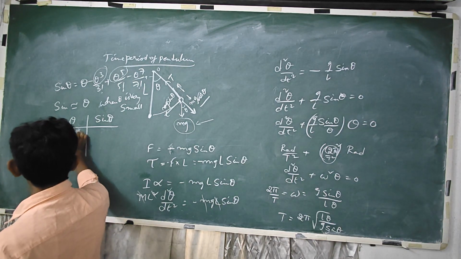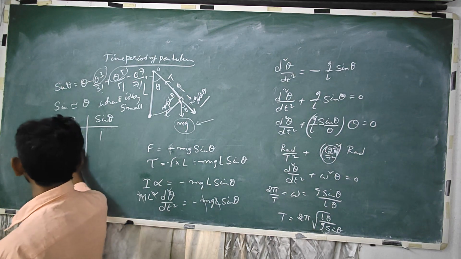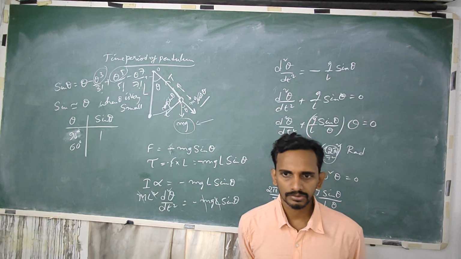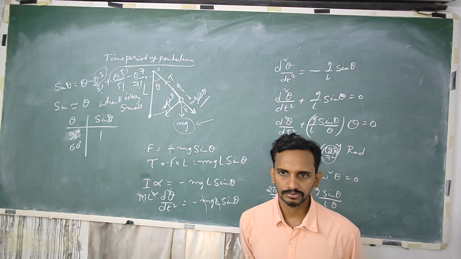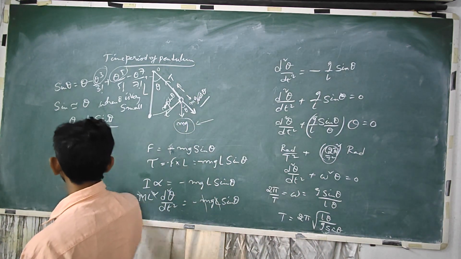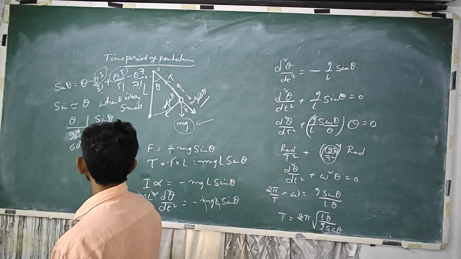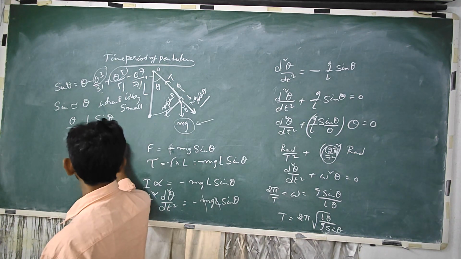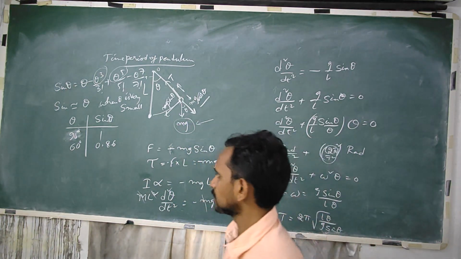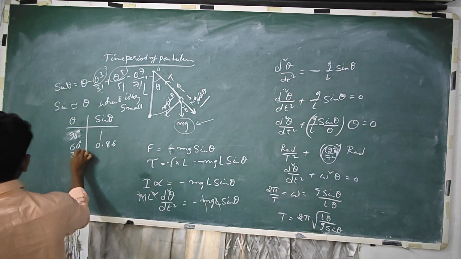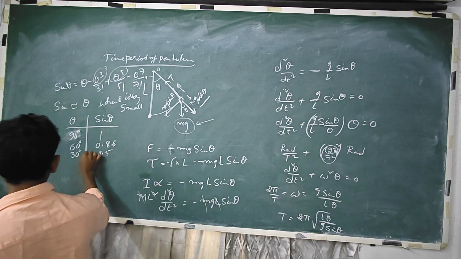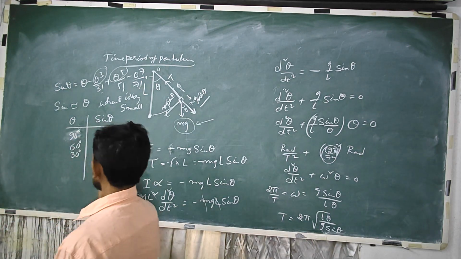Sin 90 is 1, sin 60 is root 3 by 2, 1.732 by 2, and for 30 degrees sin is 1 by 2, 0.5. So these numbers are not matching.